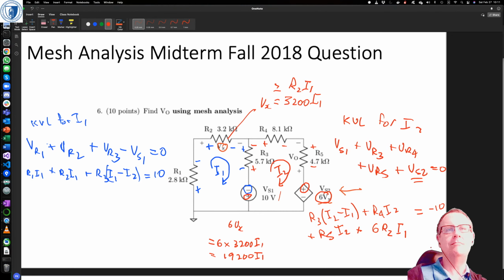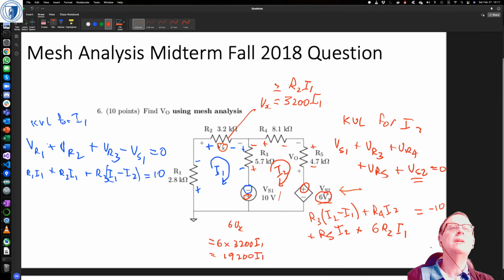Okay, and now we can start plugging some numbers in there, although maybe we should do the next step and distribute and group like terms and then put some numbers in. Okay, any questions about any of that? That was a quick review of mesh analysis, with a bit more emphasis on the supermesh issue.